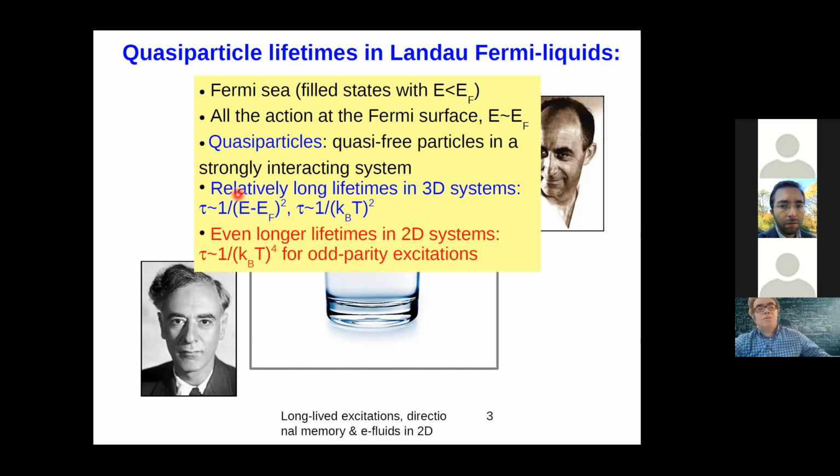What textbooks tell us is that there are relatively long lifetimes for collisions between quasi-particles near the Fermi level, and they are long basically because there is a very small phase volume for collisions, and they are as long as 1 over temperature squared. So when temperature becomes small, these collision times become pretty long.